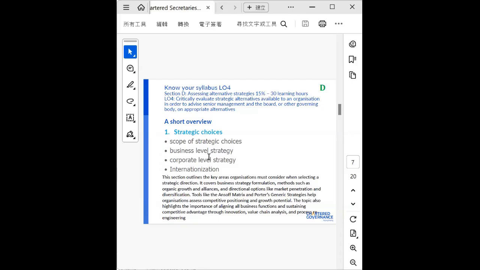So it covers the formulation of business strategies by using methods like organic growth and alliances, and directional options like market penetration and diversification, and you can use tools like the Ansoff Matrix and Porter's generic strategies to help you organize and assess the competitive positioning and the growth positions.